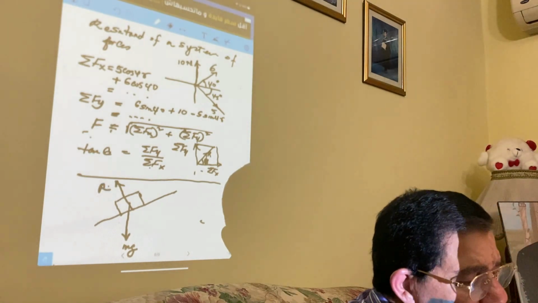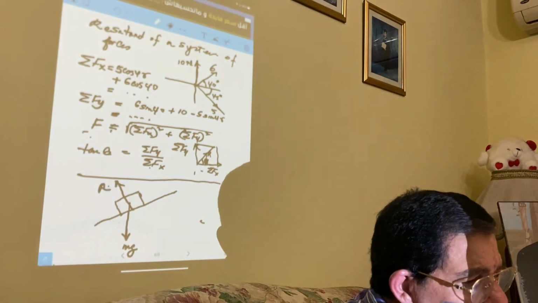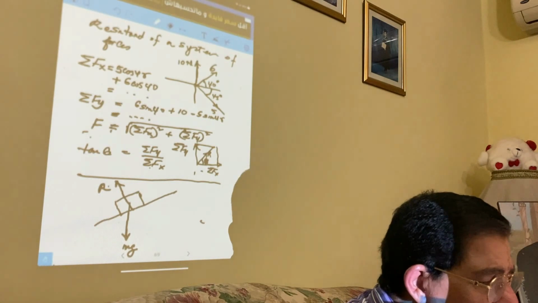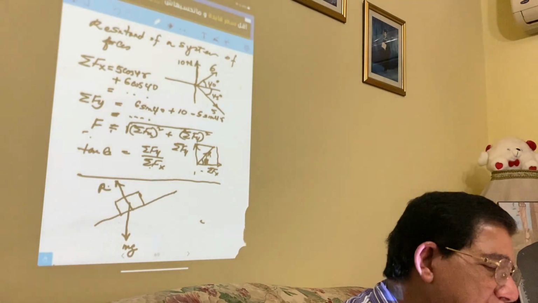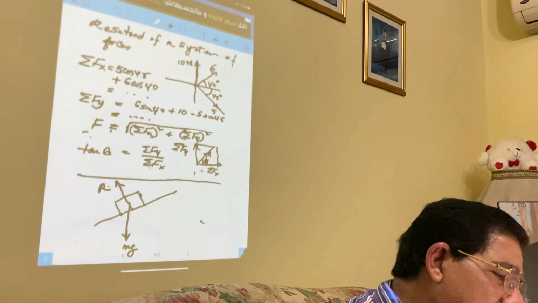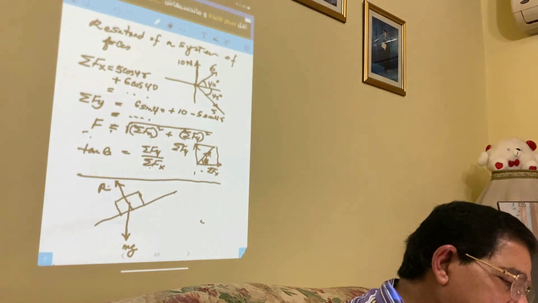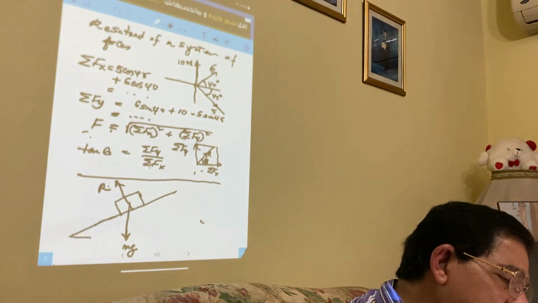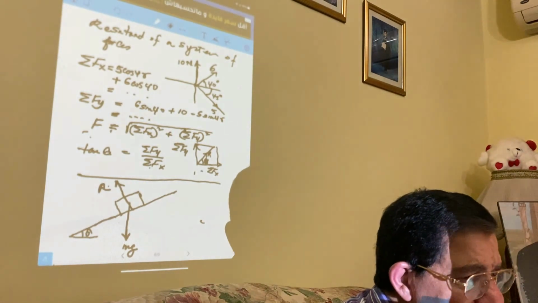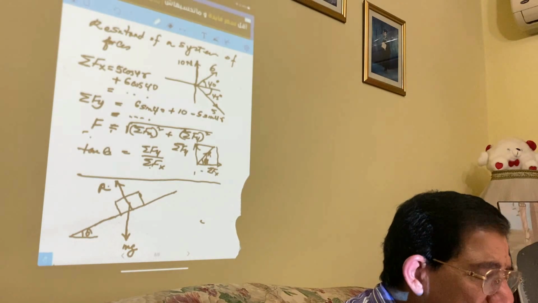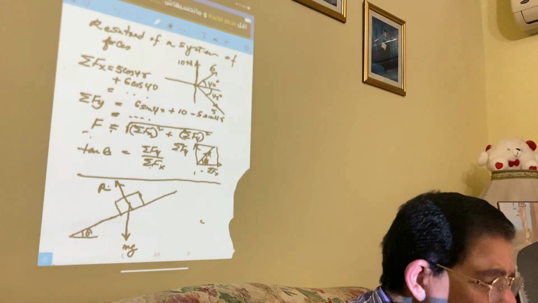Remember, normal reaction means normal to the plane, that is, perpendicular to the plane. R is perpendicular to the plane. But the weight is a gravitational attraction, and the gravitational attraction is vertical.